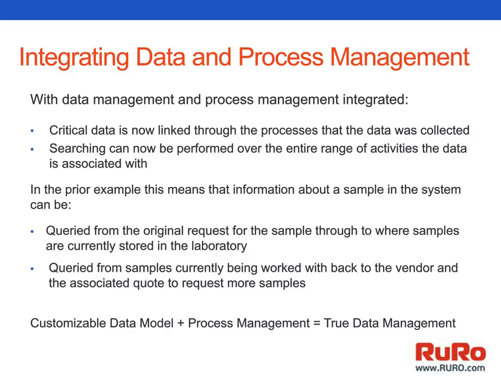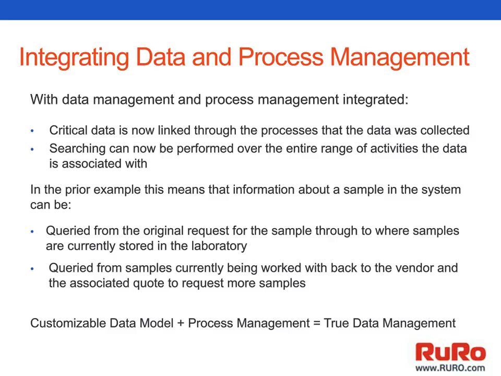For example, if there's a submission and they want to confirm the samples have been received, you have the ability to start at the very beginning of the submission, see the samples that were associated with it at the time the purchase was made, and then verify that those samples are now received and in storage.